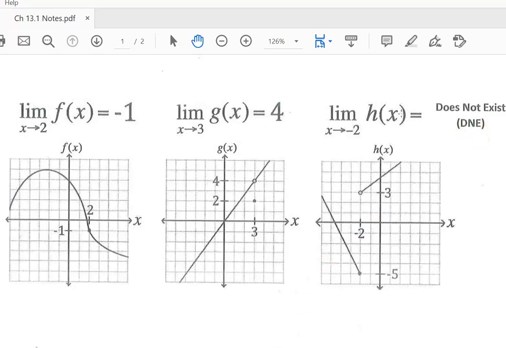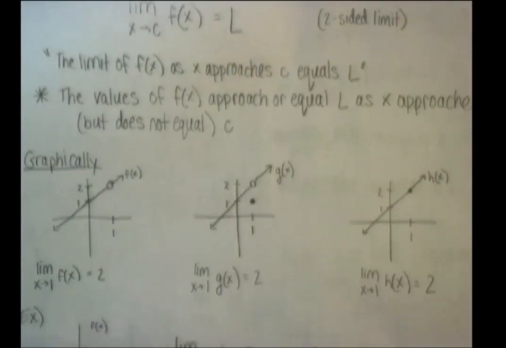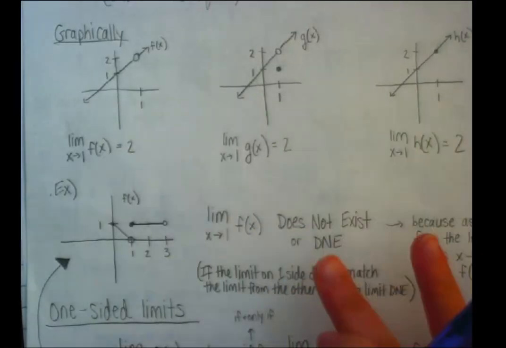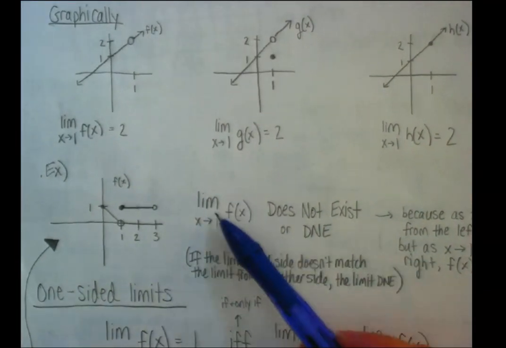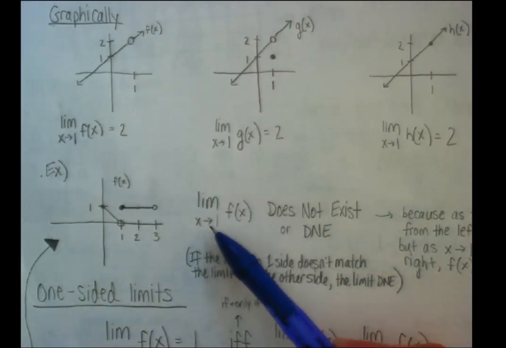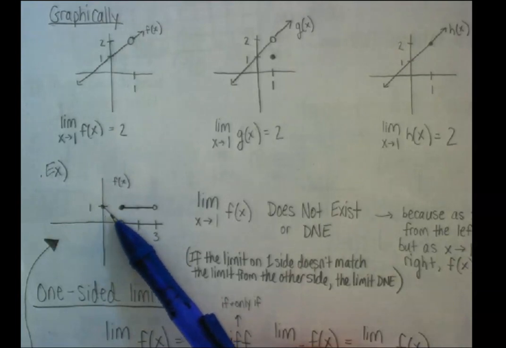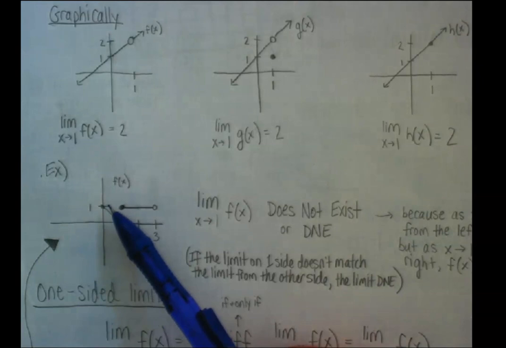To show another example of that, let me switch back over here. Right down here in your notes, you can see another example. In this example that I've drawn, we say the limit of f of x as x approaches 1. Here's x equals 1. If I approach it from the left side, the y value it's approaching would be 0 because it's on the x-axis.